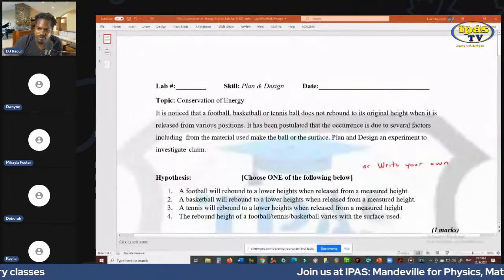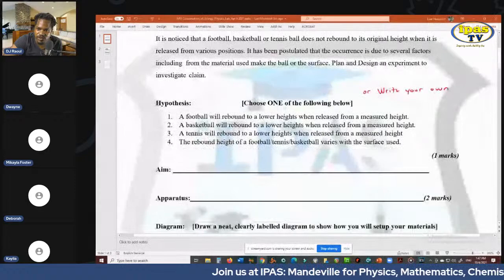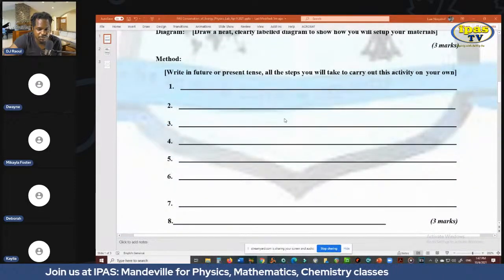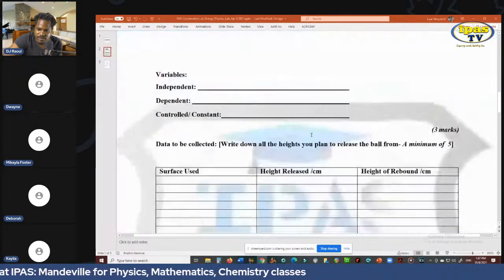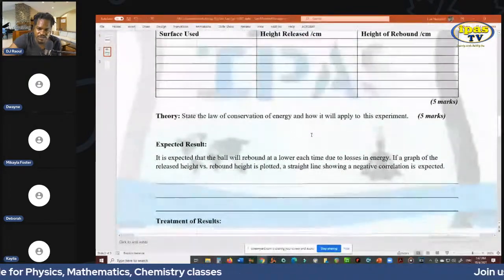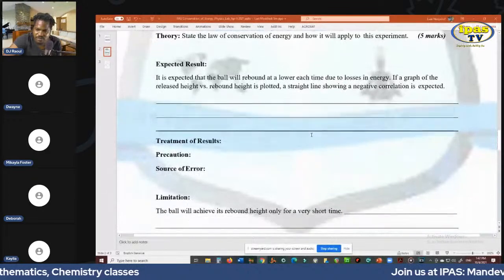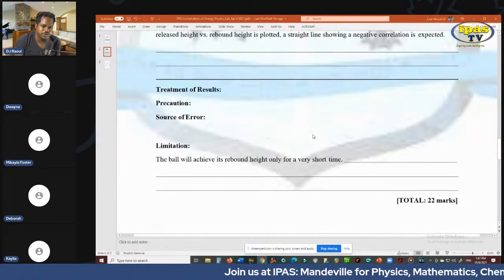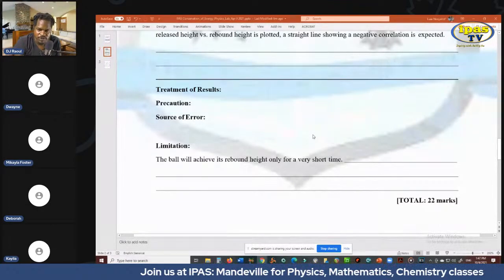Right. So the idea is this: for this plan and design lab, you must have a minimum of 3 for your total SBA. This is your first one for physics, and of course, those who do chemistry will have one already.